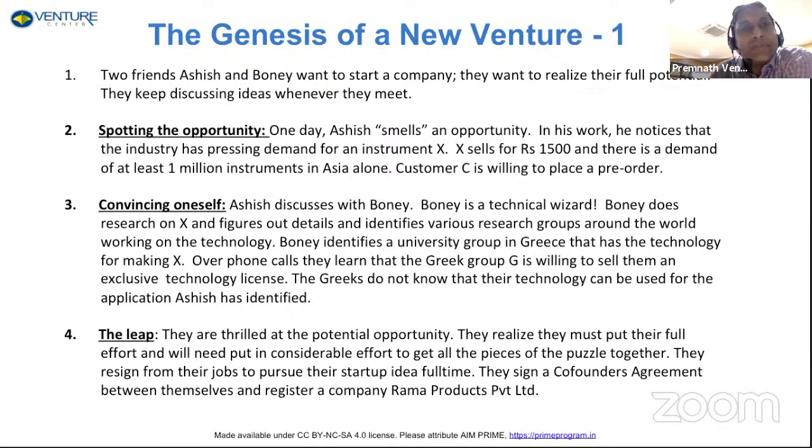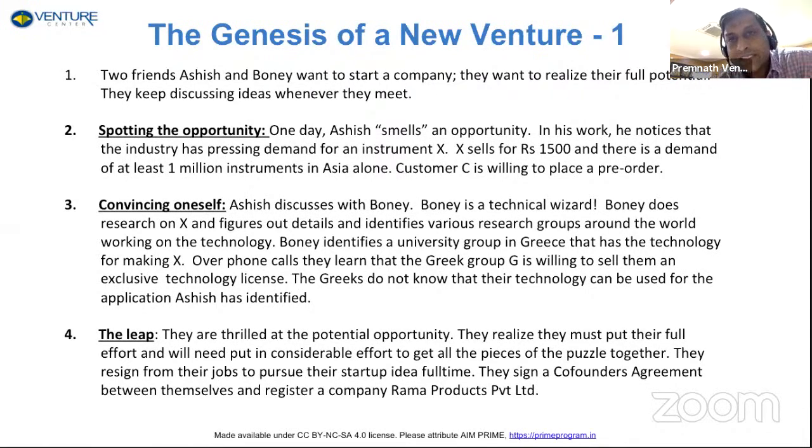Here, two friends, Ashish and Boni, want to start a company. They're very keen on starting a company. They believe that's the future for them. That's where they will realize their full potential. They're not too keen on the kind of things that they are doing right now, and they keep discussing ideas, whenever they meet, of what they could be starting up a business on.